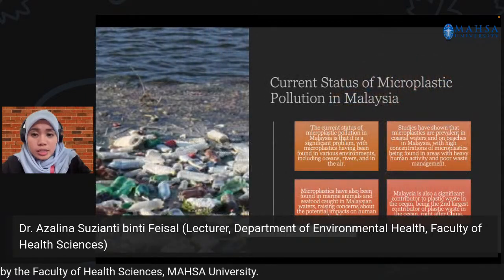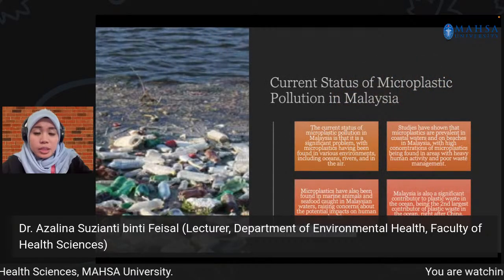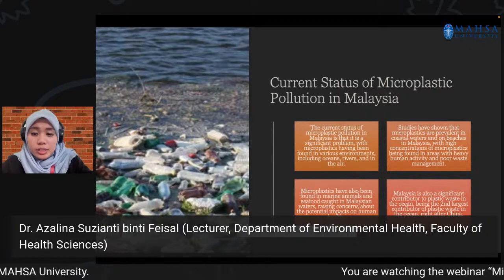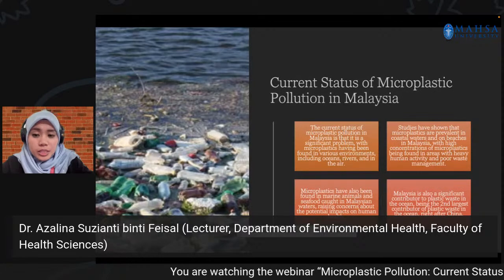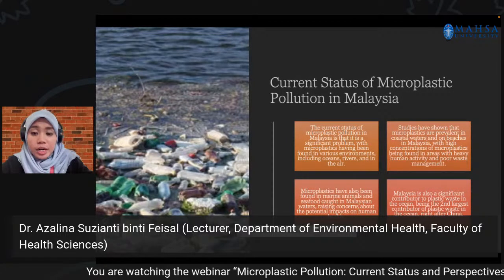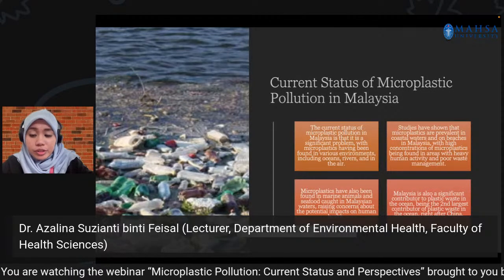So, the current status of microplastic pollution in Malaysia. It is usually a significant problem, where microplastic has been found in various environments, especially in the ocean, rivers, and air.